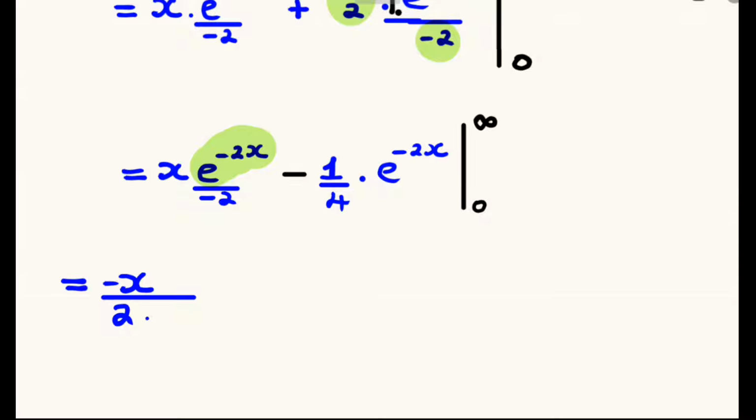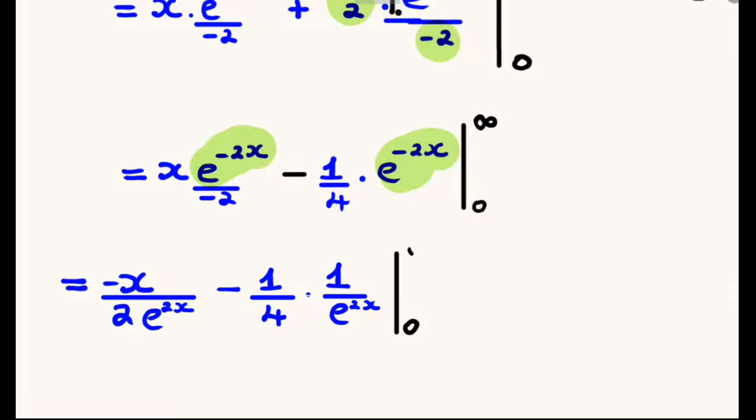The exponent changes sign to positive 2x, minus 1 divided by 4. We move that e raised to the power negative 2x from the numerator to the denominator. The exponent changes sign to positive 2x. So we have e raised to the power 2x in the denominator with our limits from 0 to infinity.